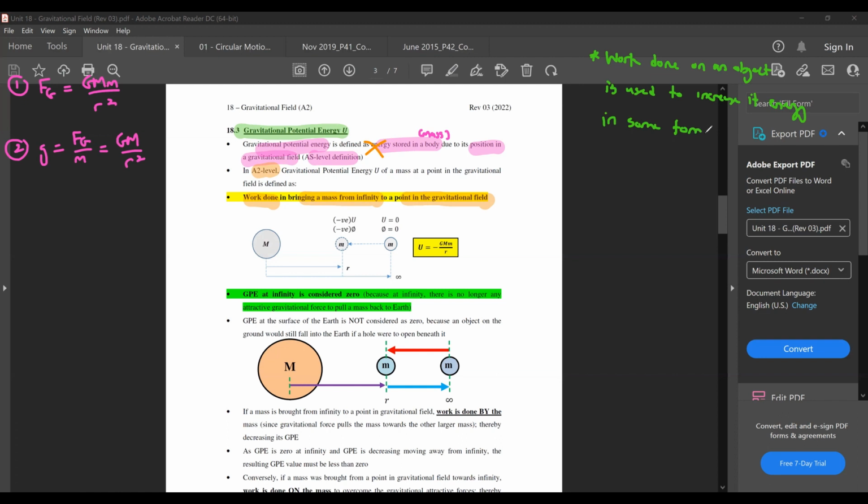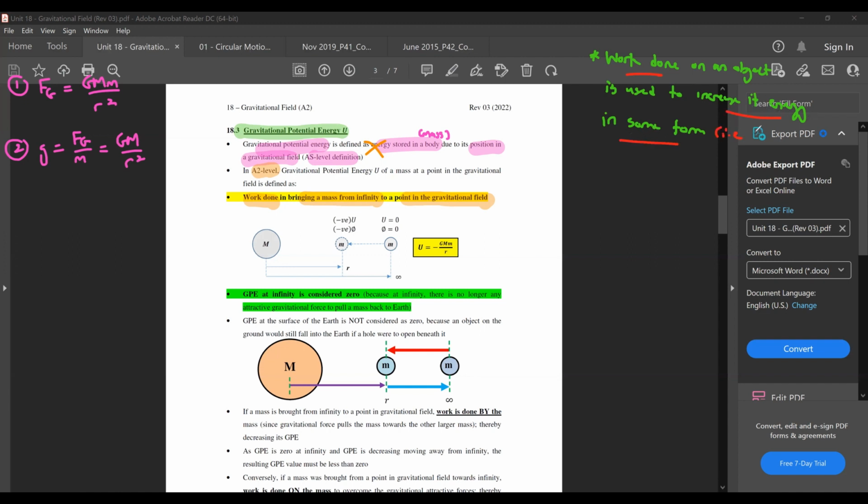It can be gravitational potential energy, electric potential energy, elastic potential energy, or any kind of other energies. In general, last time in AS physics, we told you that whatever work you do on something is normally used to change the energy of the object. So you can think of it as whatever work you do on an object is used to increase the energy in some form.